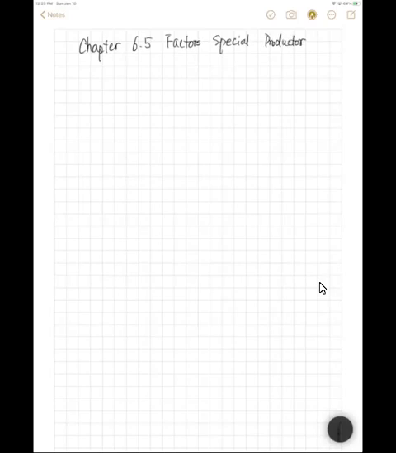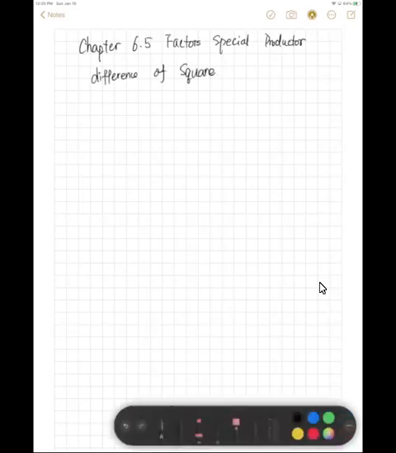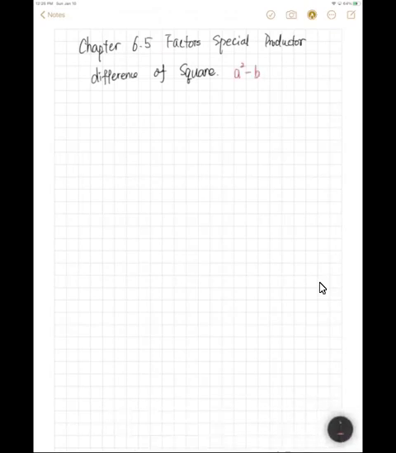So you might already have seen this before, but the first formula I would like to introduce to you is the difference of square. The formula is a squared minus b squared is equal to a plus b times a minus b.